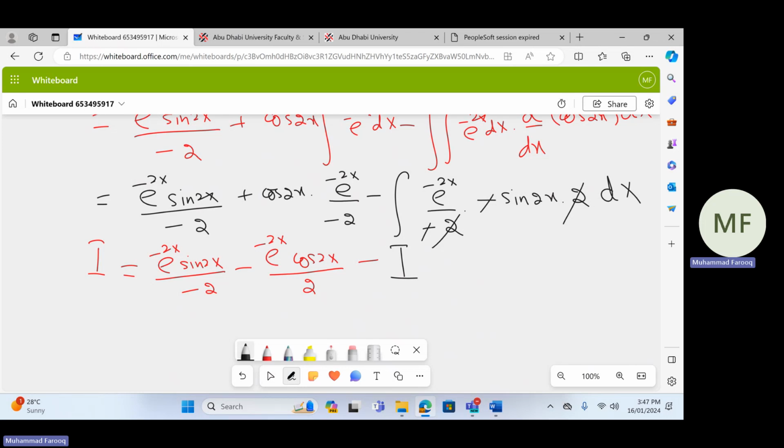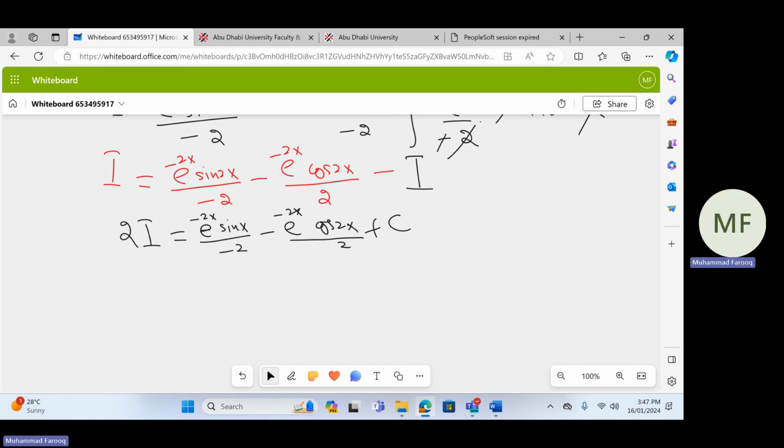Move this side, it becomes 2I. Then we divide. So 2I is e power minus 2x sine 2x divided by negative 2, minus e power minus 2x cosine 2x divided by 2, plus c. Then divide by 2 both sides.